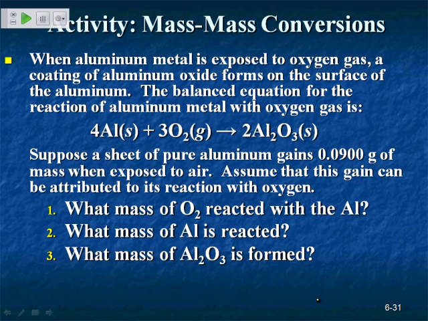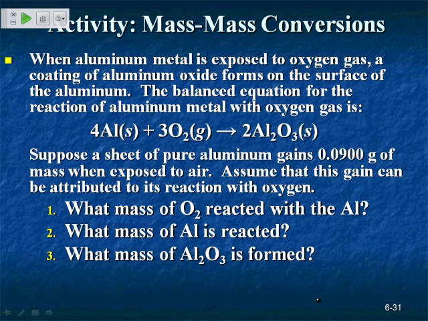Read that sentence one more time. A sheet is gaining this much mass, and that is because of the reaction with oxygen. What does that mean? That means this much oxygen reacted.